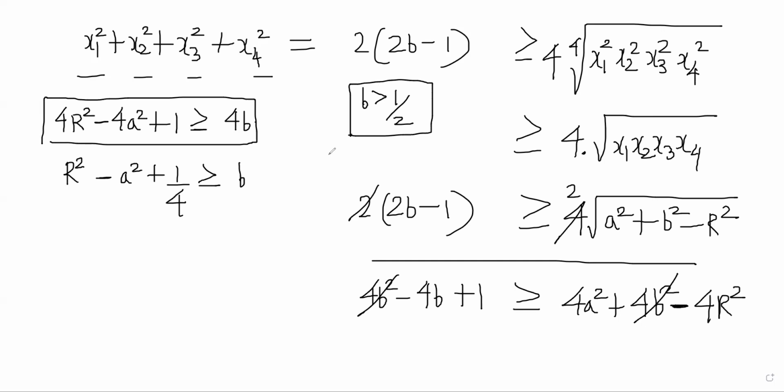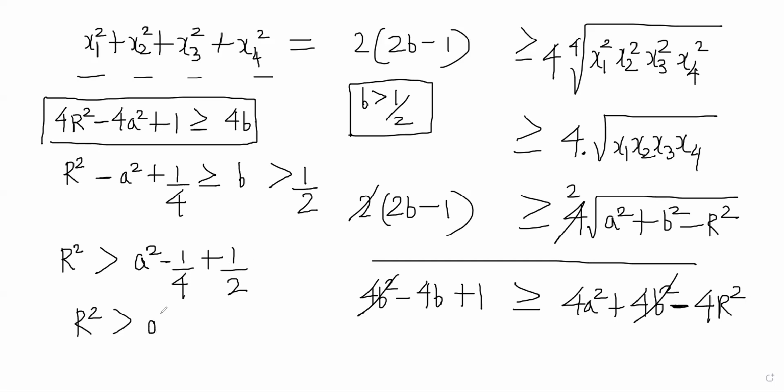So if I put this here, this is greater than half. So I'm getting r square is greater than a square minus 1 by 4 plus half. So r square is greater than a square plus 1 by 4, because minus 1 by 4 plus 1 by 2 is plus 1 by 4.